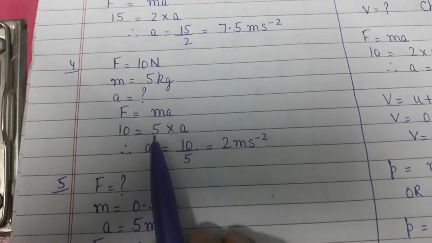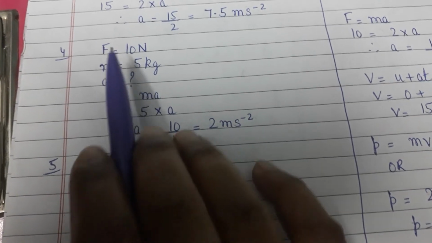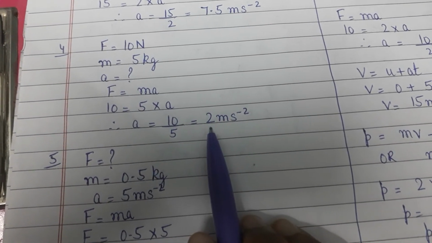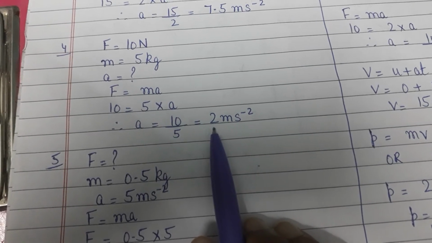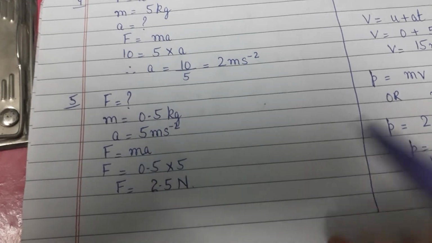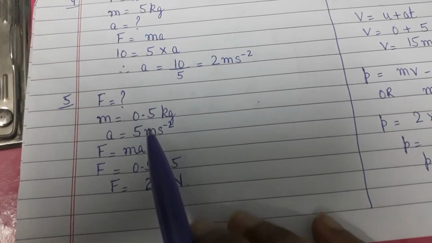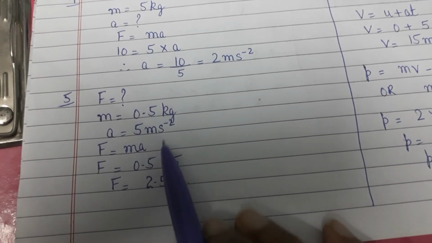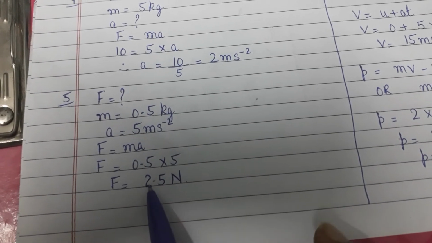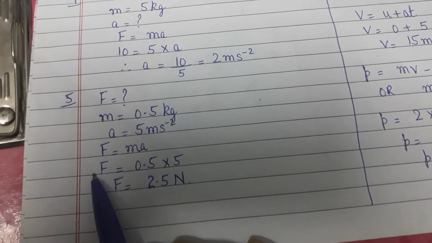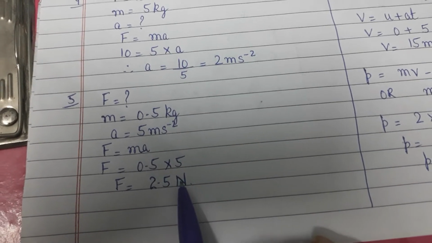Simple, F is equal to ma and we substitute the values which we know and the value of acceleration works out to 2 meters per second square, right? Similarly, the fifth numerical is also based on Newton's second law. You need to find out the value of force when mass and acceleration are given to you. Children, directly put the values and the answer is 2.5. Because we are finding out the force, the unit of force is newtons.